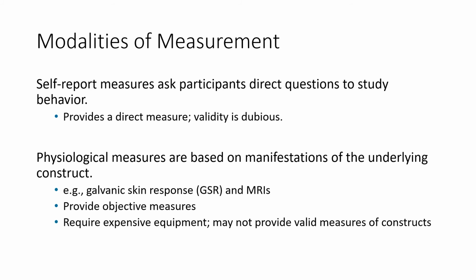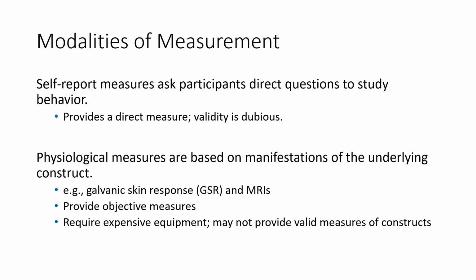Conversely, you've got physiological measures that are based off manifestations of the underlying construct, such as GSRs, galvanic skin responses, MRIs, fMRIs. These provide an objective measure but require expensive equipment, and we don't have valid ways with physiological measures to measure every construct.